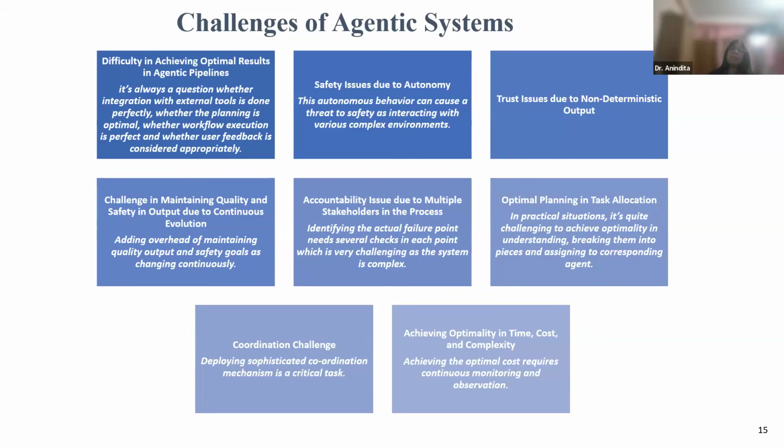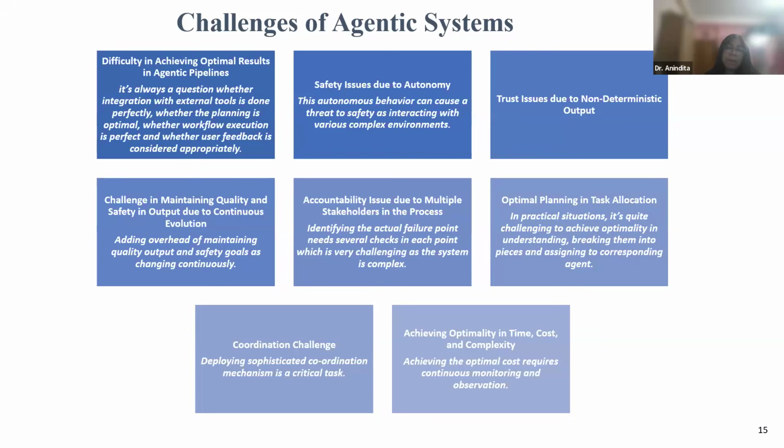That is good, but sometimes it creates several problems, safety issues, like it is accessing several URLs, and it can search anywhere. But whether the content it is getting is harmful or not, that can be a security concern, right? So safety issues are there. Trust issues due to non-deterministic output, because LLMs are concerned here, right? And as we know, LLM always gives non-deterministic output, so the trust issues are there.